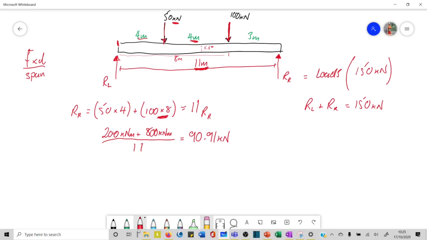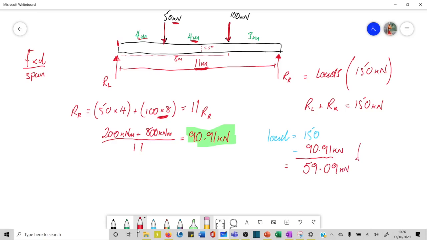So if we take away this reaction, let's do that in blue: total load equals 150, minus our right reaction, which is 90.91 kilonewtons, leaves us with 59.09 kilonewtons.